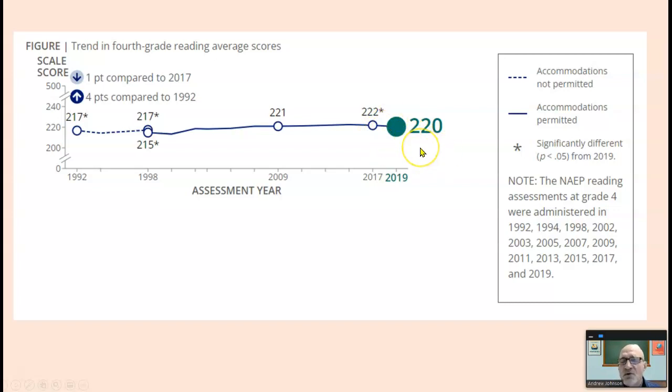This difference is more than could happen by chance. This is not in 2009, okay, there was a slight decline, but it wasn't statistically significant. In 2015 to 2019, a score of 217, that is a statistically significant increase.